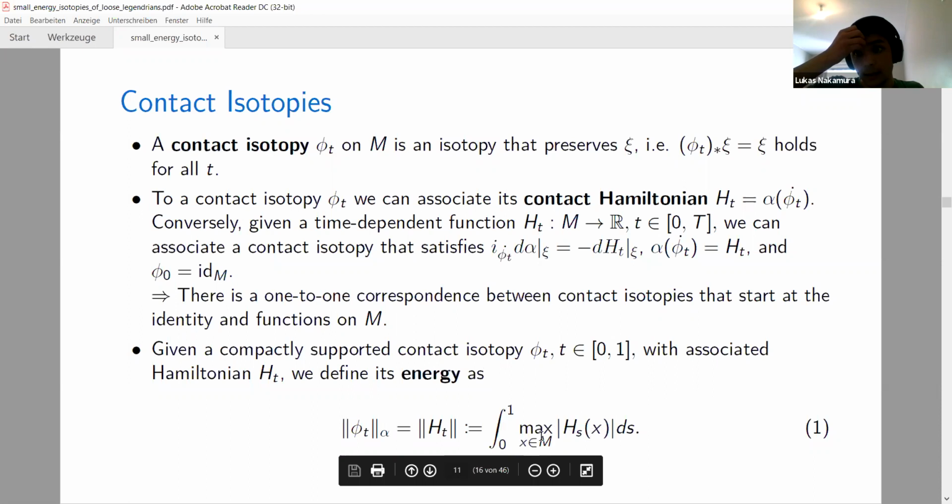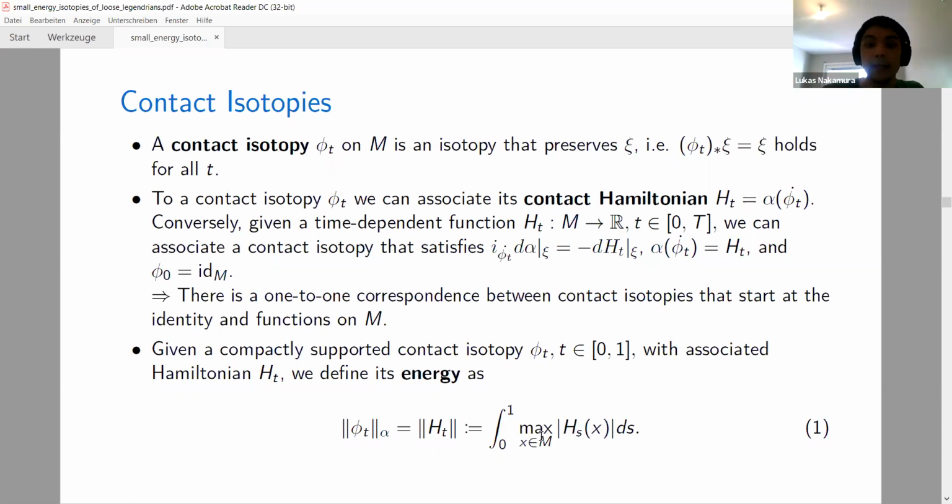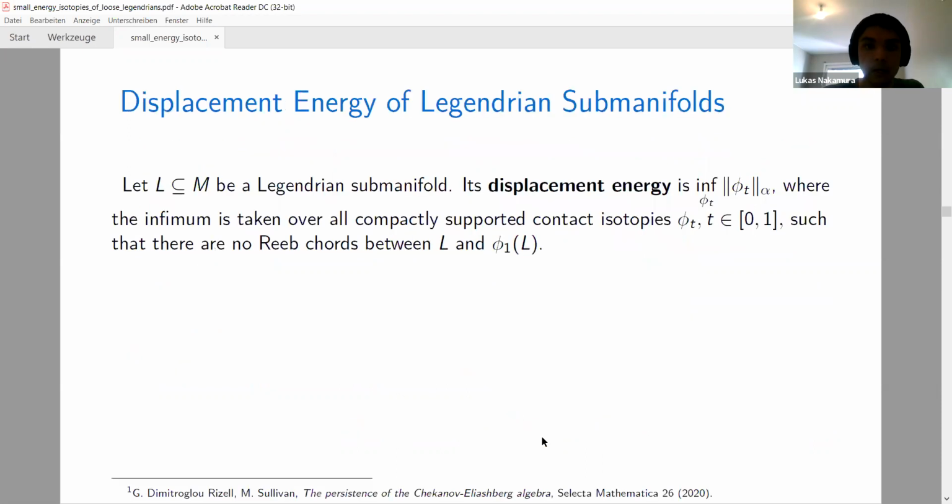Okay, and what we want to analyze is how this notion of energy behaves with respect to Legendrian submanifolds. So more specifically, in this talk, I will consider this displacement energy, which is essentially the minimal amount of energy that is required in order to displace a Legendrian via a contact isotopy.